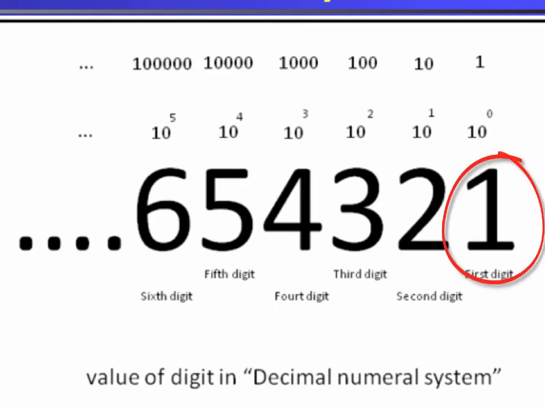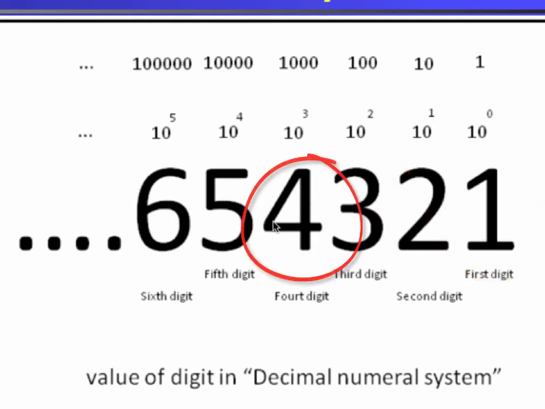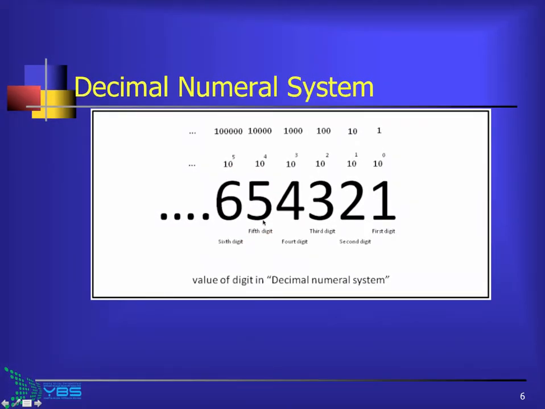From right to left, we talk about the first digit, second digit, third digit, fourth digit, fifth digit. Okay, this is the first digit, as you see.